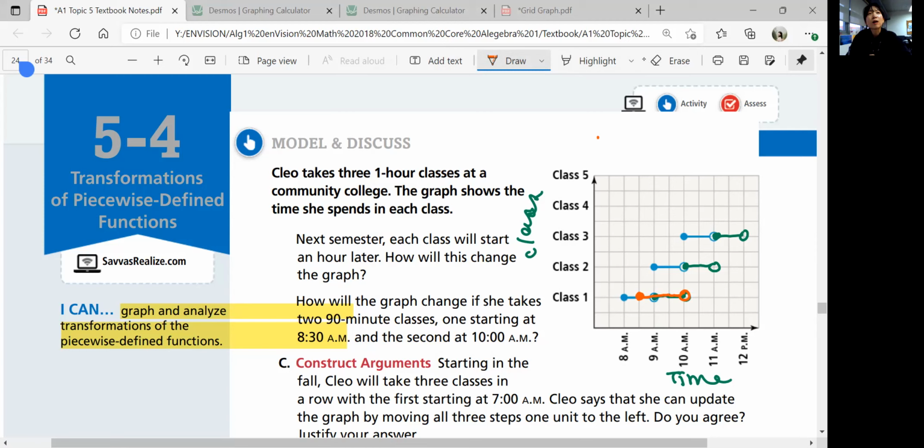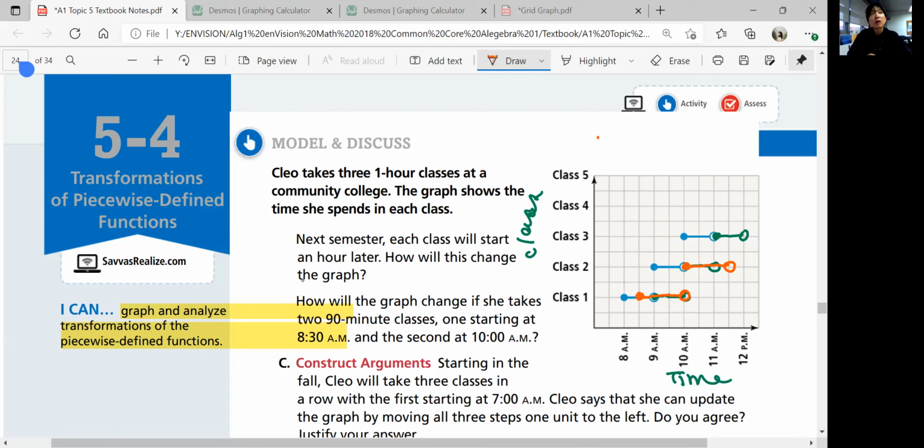The second one goes from 10 to 11:30. So that would be 2 classes she would take. These are some transformations we can make from the original function, the step function.